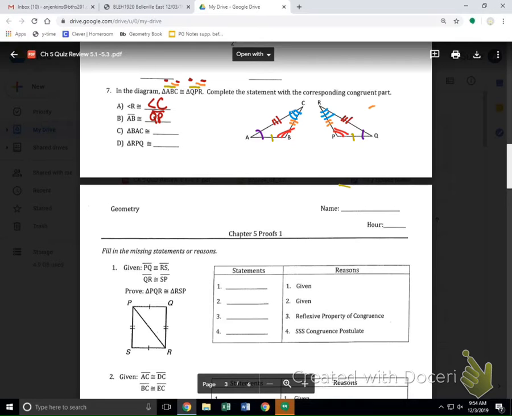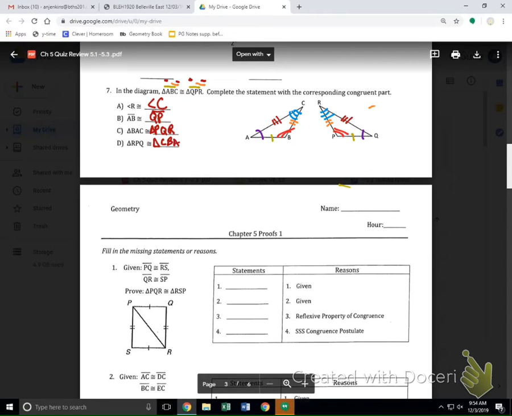So we can look at that, BAC. So we know B is congruent to P. We know A is congruent to Q. And we know that C is congruent to R. I forgot my little triangle symbol, so let me add that in. Or we could rewrite this same statement as RPQ is congruent to, so C, what'd you say?